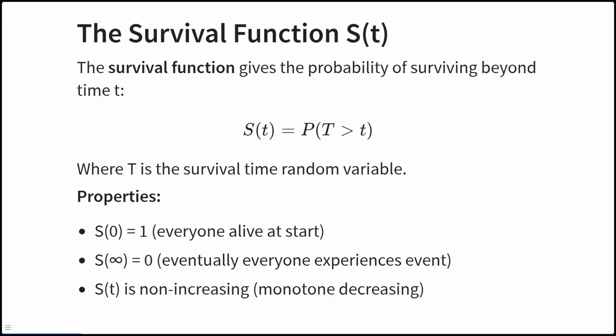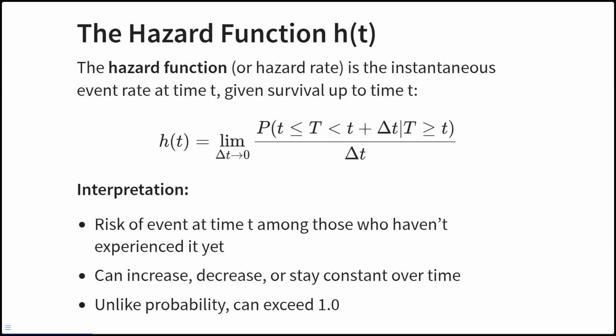And the survival function is non-increasing, monotone decreasing, which means that the probability of surviving, starting from 1, is going to be falling down the graph. It's going to be falling down up to 0. You can't have a survival function that is going up, because we expect people to be experiencing events till the end of the study.